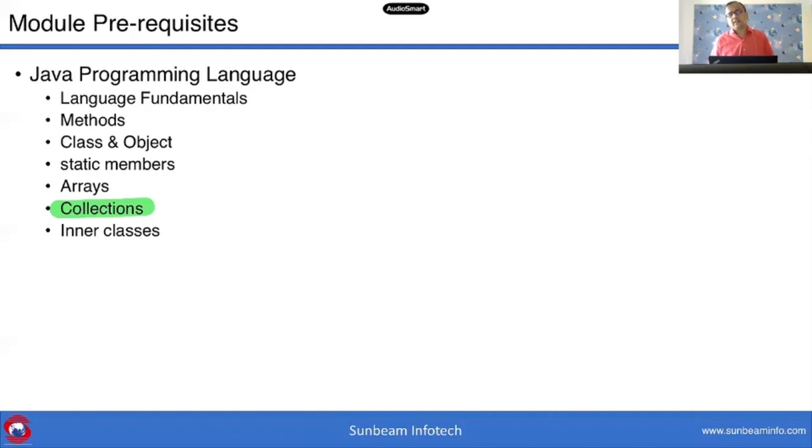C sharp also has its own data structures. So when the programming language already has a linked list available, already has arrays available, already has a library where stacks and queues, everything is available, why are we learning it once again, or why is data structure a separate module?